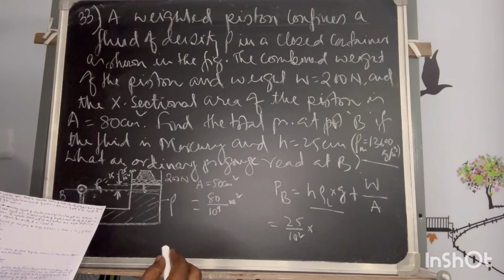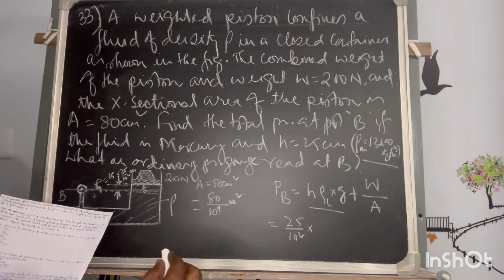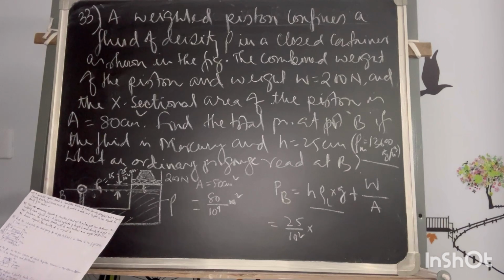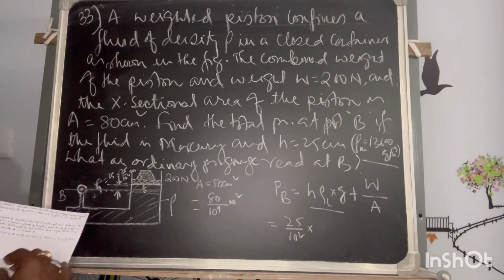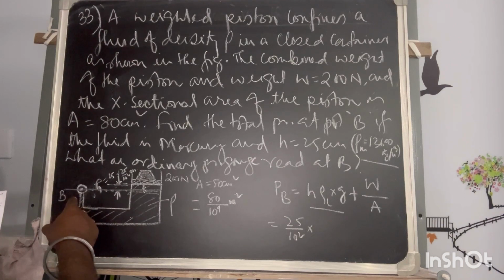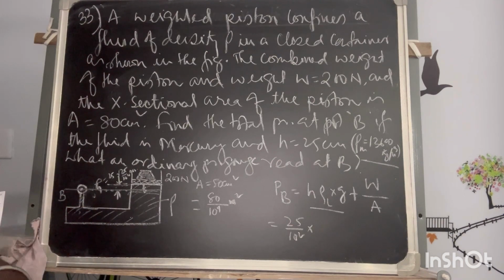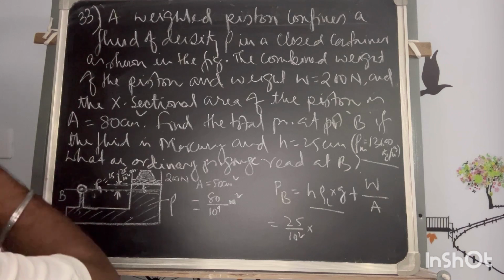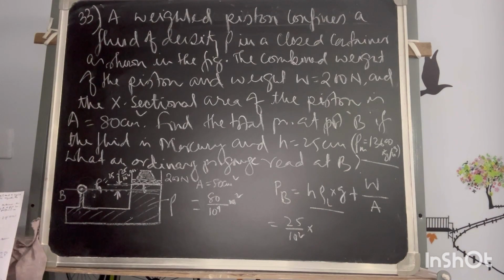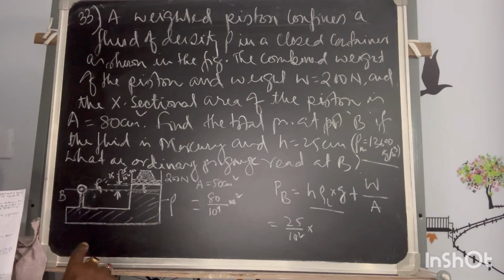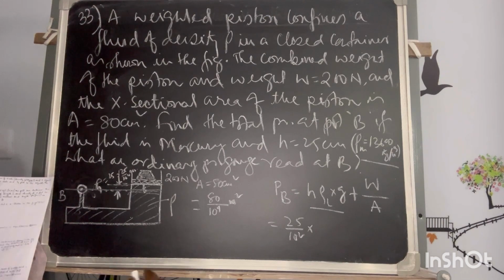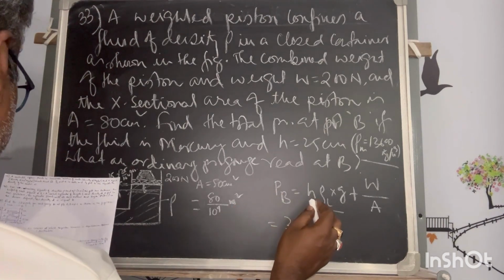And then at point B, if the fluid is mercury, at point B there is a fluid, mercury.